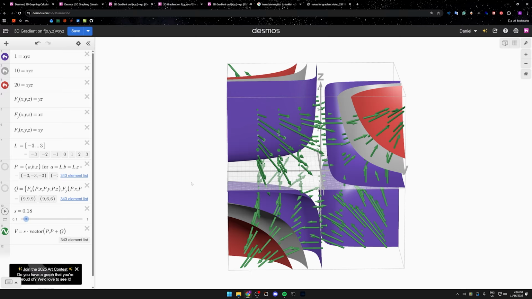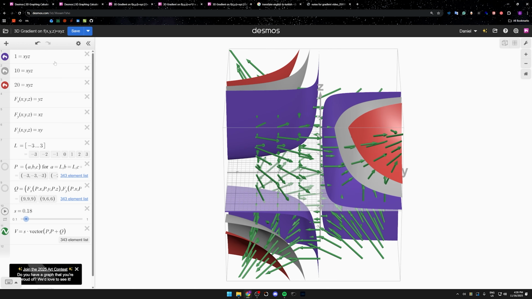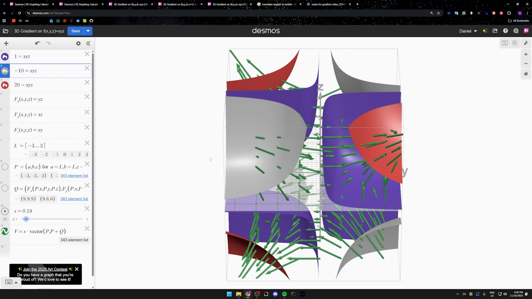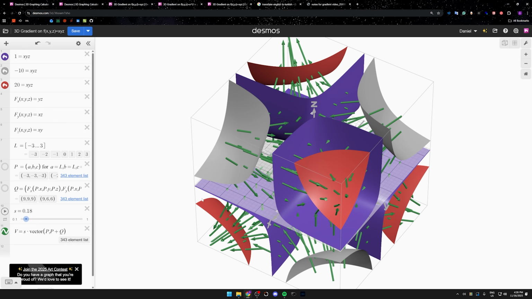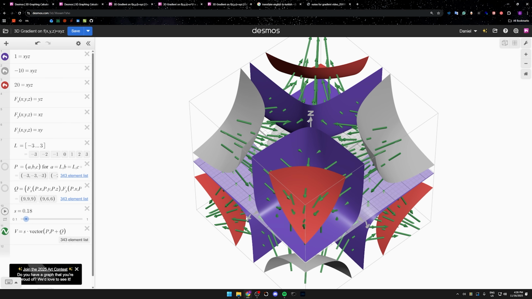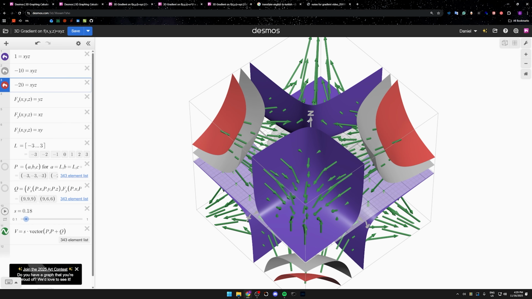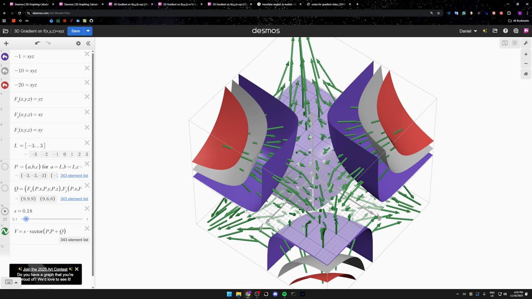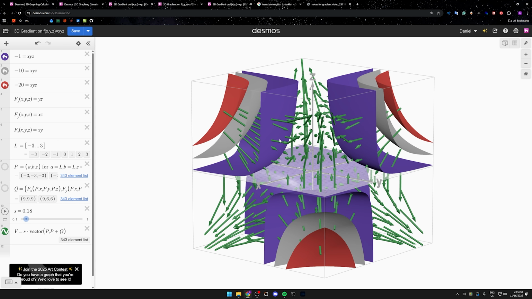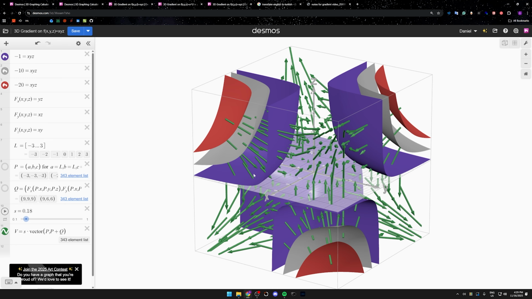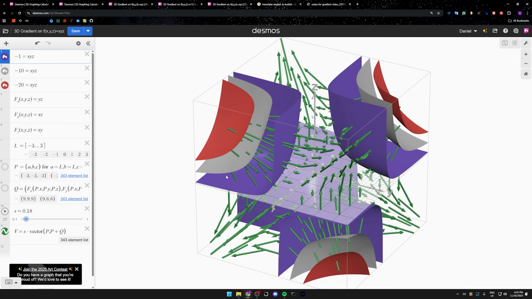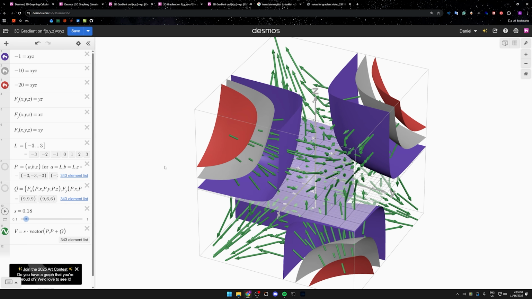But now, because z is no longer the function but the variable, if I make this negative 10, it becomes here. And if I make all of them negative, you will see that they switched location. So this is 4D, but we are seeing the level surfaces at some constant numbers.